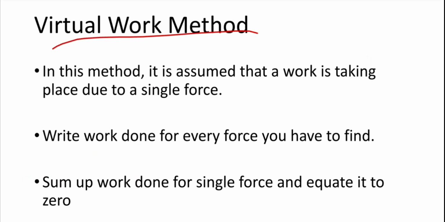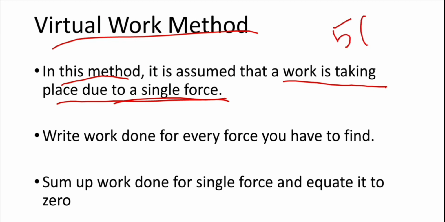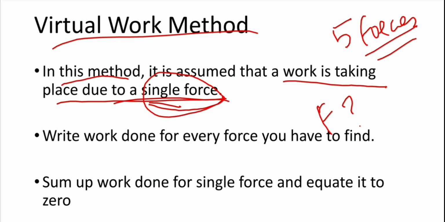So, the virtual work method. In this method, it is assumed that work is taking place due to a single force. That is, even if five forces are acting in various directions on a beam, we assume that the force F which we have to find is the only single force due to which work is taking place on the beam. Okay, so that is the first condition.